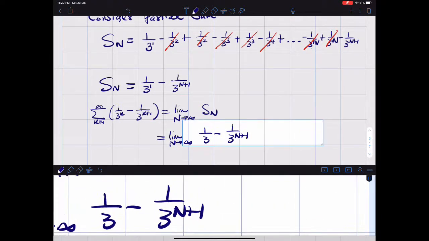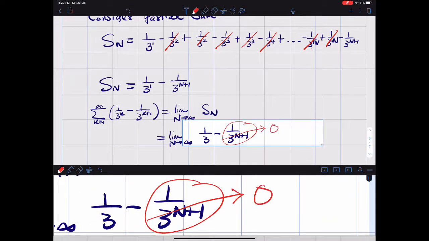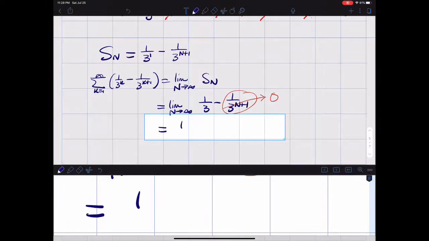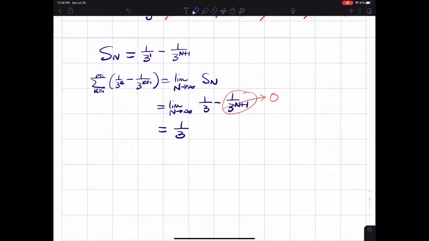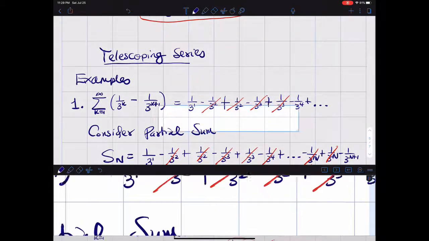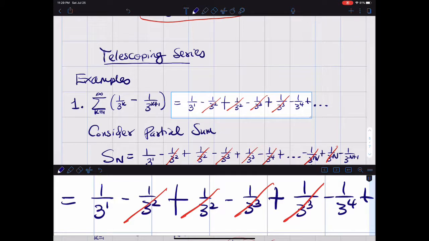As n goes to infinity, this part of the whole thing happily goes to 0. So our telescoping series is 1 over 3. It's called telescoping because we have these numbers forming a pattern cascading between each other, and then at the end things kind of cancel out. They're kind of telescoping between each other.